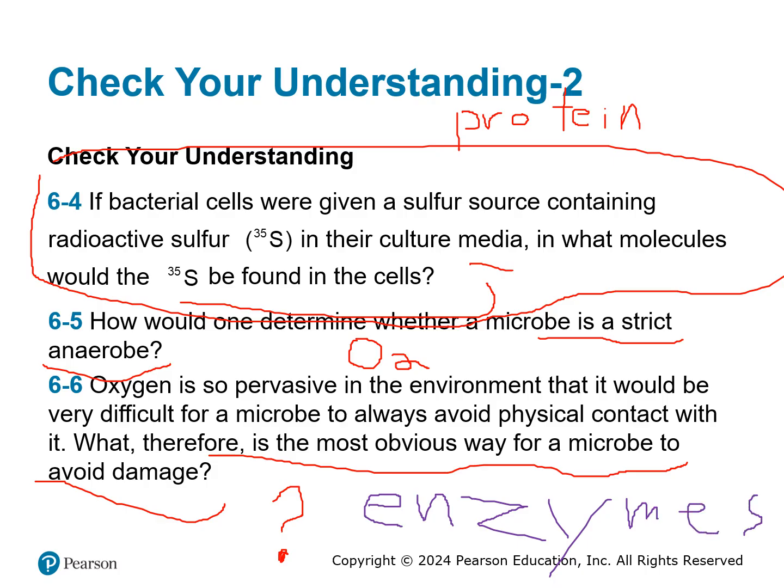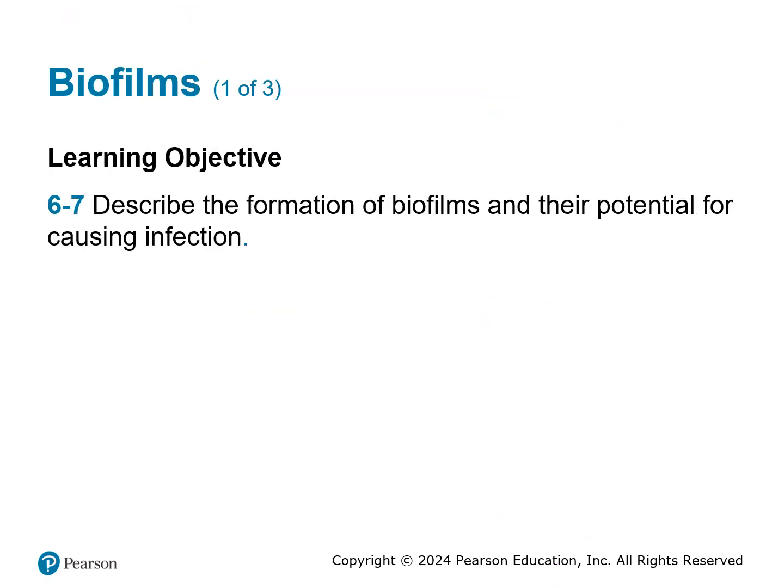Okay, so those are going to include those 3 enzymes: superoxide dismutase, catalase, and peroxidase. Is there any way we can make that spell something, I don't know, SCP? Skip. Sort of spells skip, but not really. Superoxide dismutase, catalase, and peroxidase.